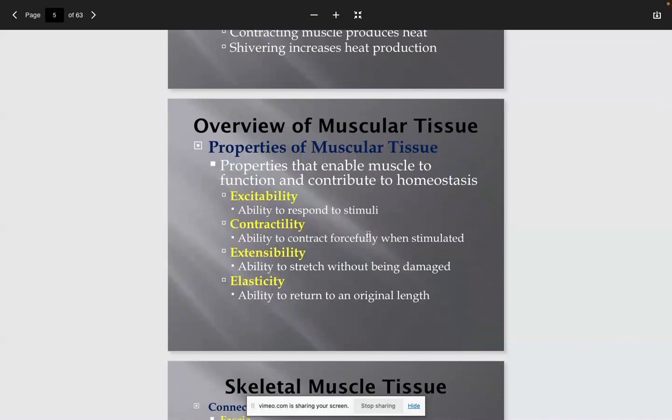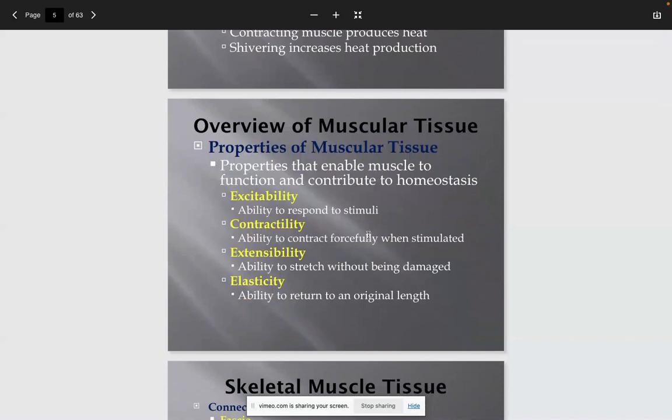So excitability would be an action potential coming down, and an action potential is just a nerve impulse, right? It's a neurochemical message that comes and causes it to be stimulated. Once it has been stimulated, it contracts, right? And extensibility is being able to stretch without being damaged.